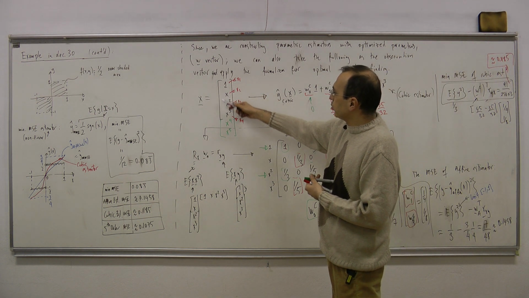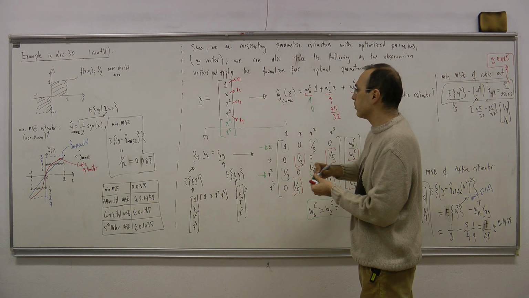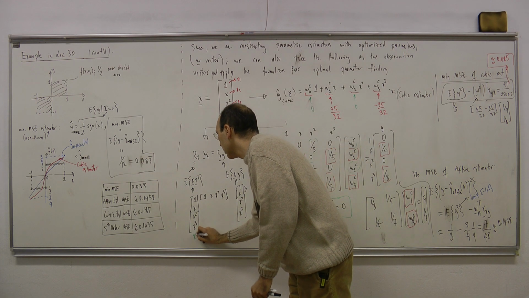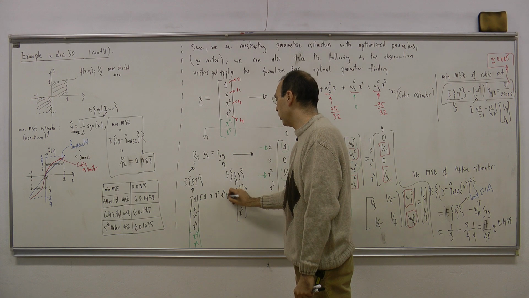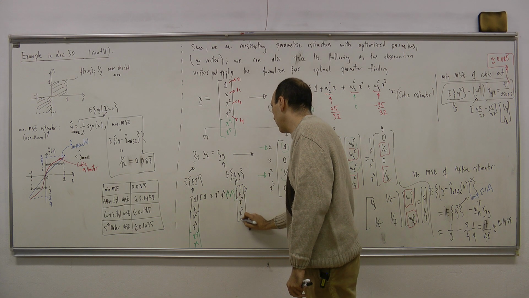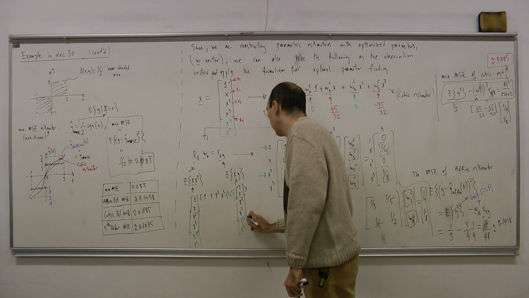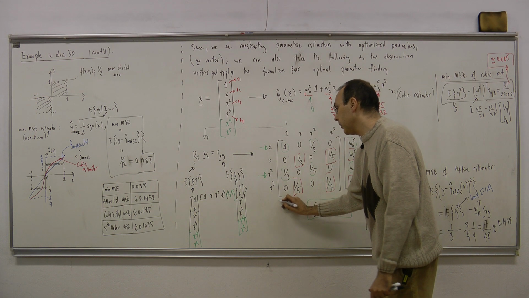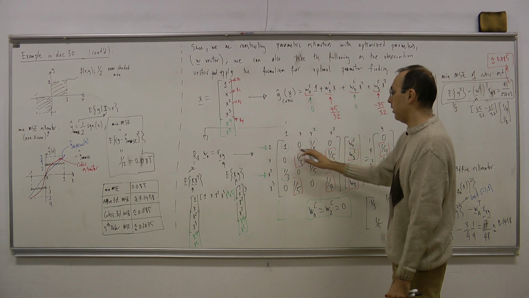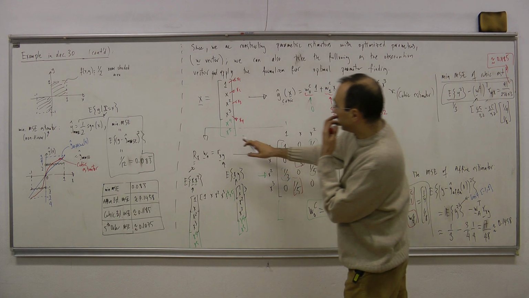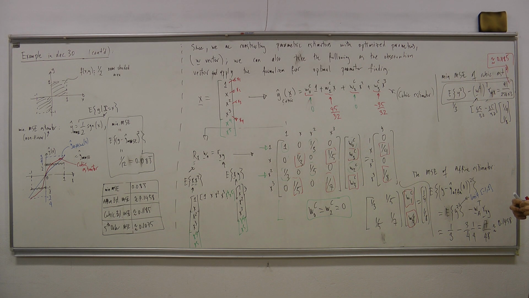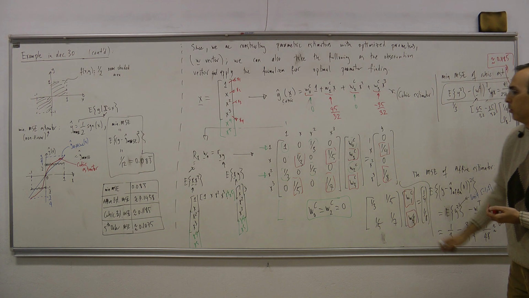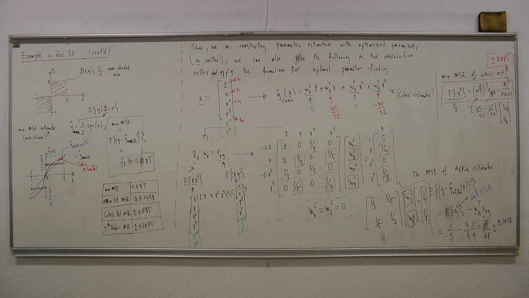Now, this vector will be a little bit longer, and the matrix will be a little bit larger, a 6 by 6 matrix. So the vector will be longer, but you do the same calculation.